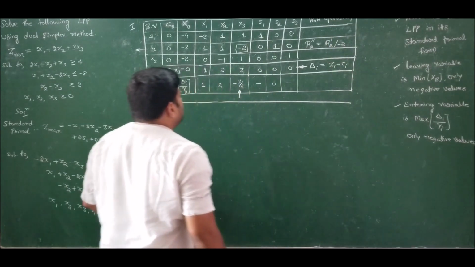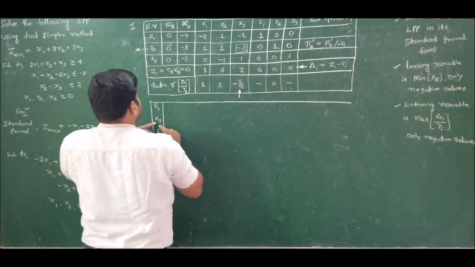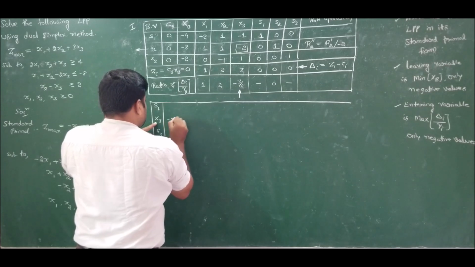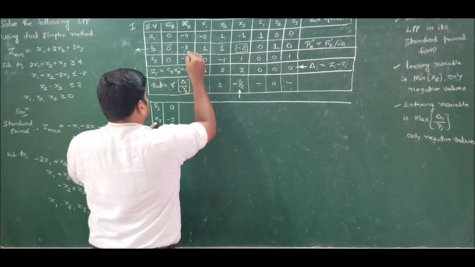R2 of step 1 divided by -2, coefficient of x3 is -3, coefficient of s1 is 0, s3 is also 0.